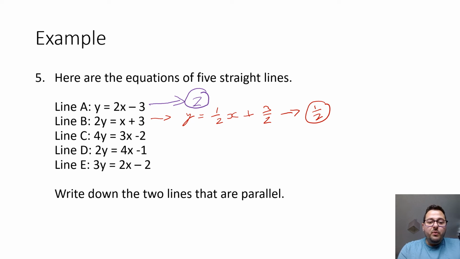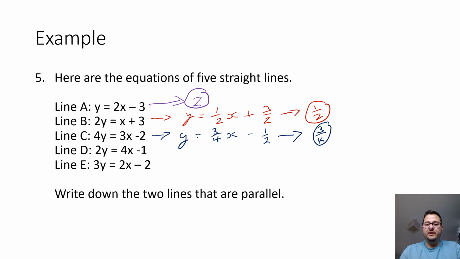All right, next one, we've got 4y equals 3x minus 2. So we'll divide this by 4, so we'll end up with y equals 3 over 4x minus 2 over 4, which is the same as 1 over 2. So the gradient of this one is 3 over 4. So we've still not quite had a match yet, so we'll keep going. Now the next one then, we've got 2y, so we'll divide by 2.